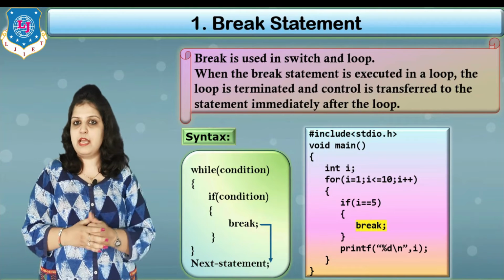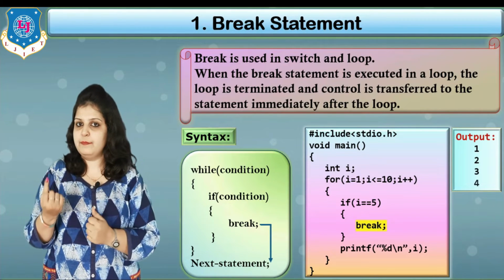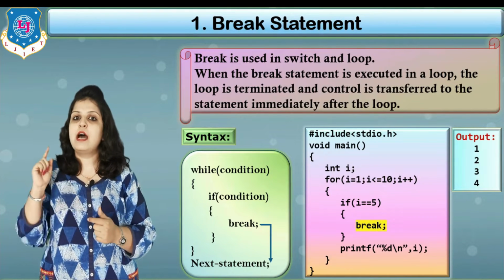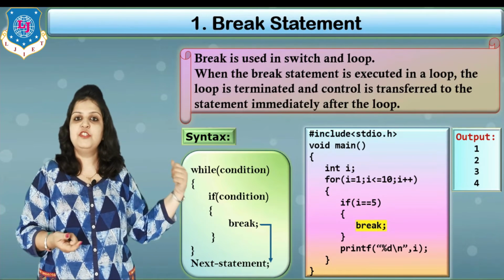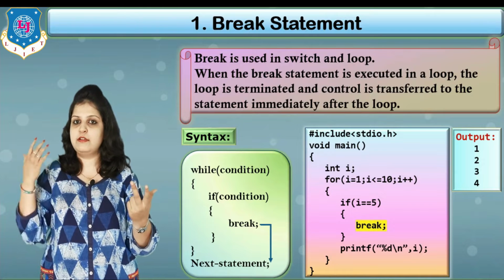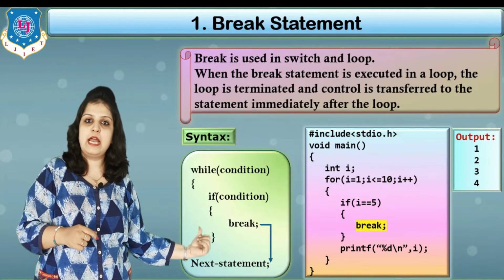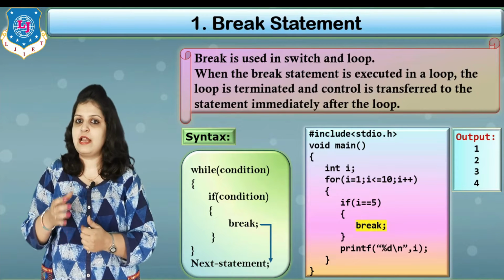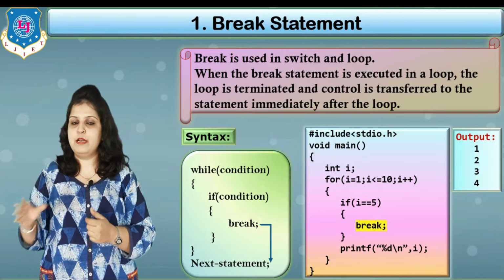So printf will execute and the current i value is 1, so in the output 1 will be displayed. Now i plus plus, so our next i becomes 2, check the condition, 2 is equal to 5, no. So again break will not execute and printf will print the value of i. So 2 will be printed here and then i plus plus.